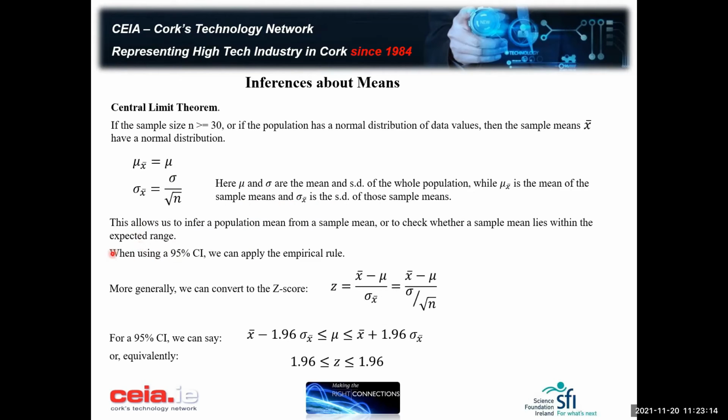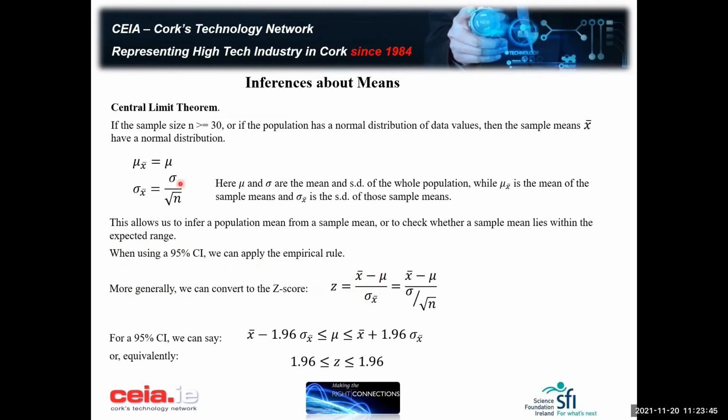Now, again, you'll commonly use a 95% confidence interval. So that means you can apply the empirical rule. Or more generally, you can use the z-score. You convert it to a z statistic using the same transformation as always: you subtract the mean from your data and divide by your standard deviation.